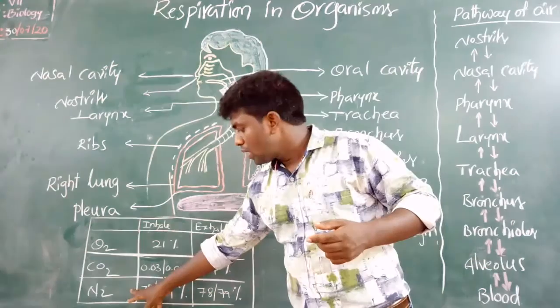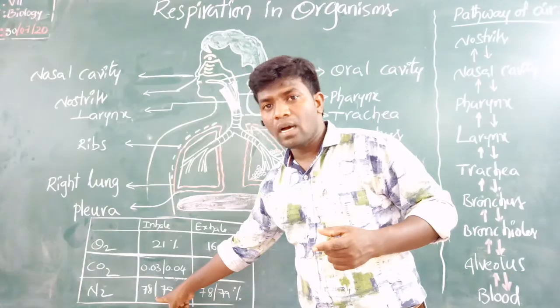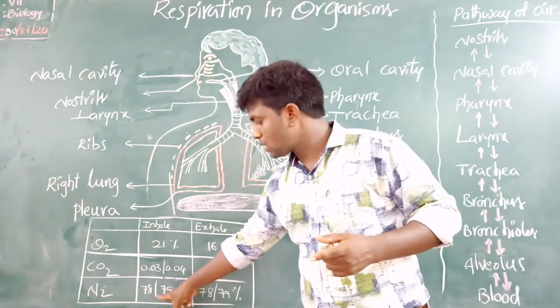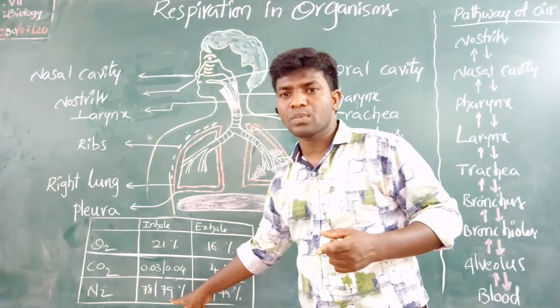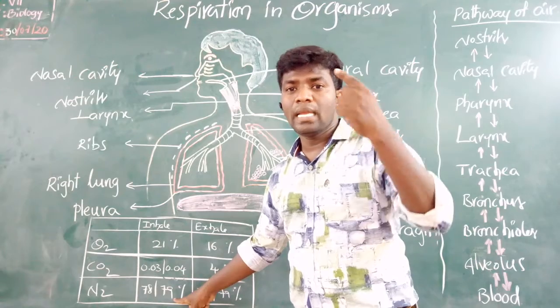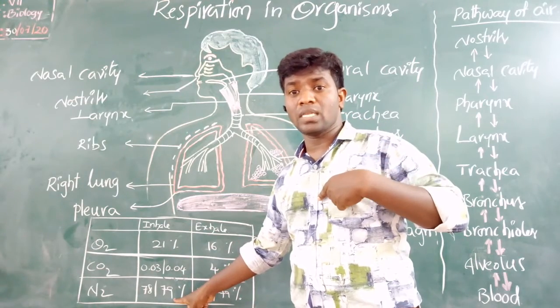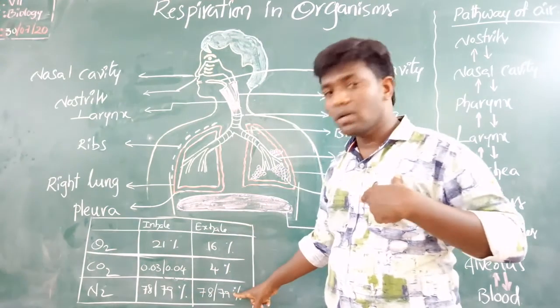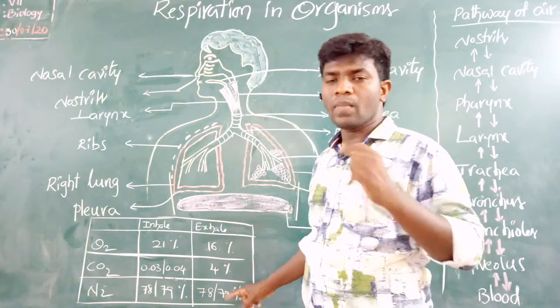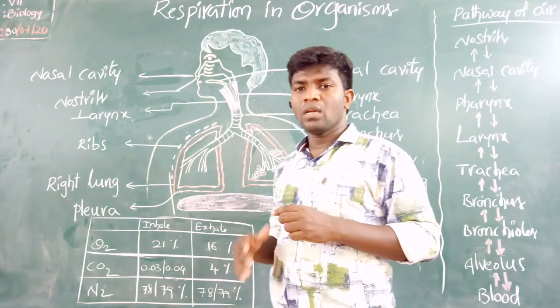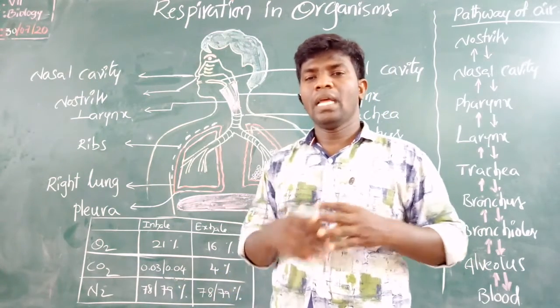Okay, and next, nitrogen, nearly 78 or 79. In old textbooks they gave 78, in new textbooks 79. So we are inhaling 78 or 79% nitrogen, and we are exhaling 78 or 79% nitrogen. So this is the process of inhalation and exhalation.